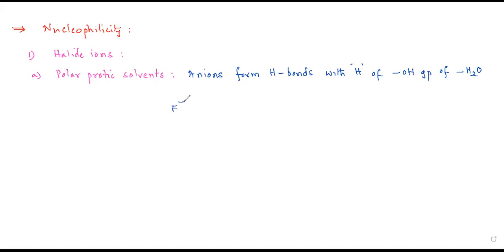If you consider the halide ions, see, the fluoride ion is the smallest, whereas iodide is the largest, right? Now because fluoride ion is the smallest one, it is heavily hydrated.